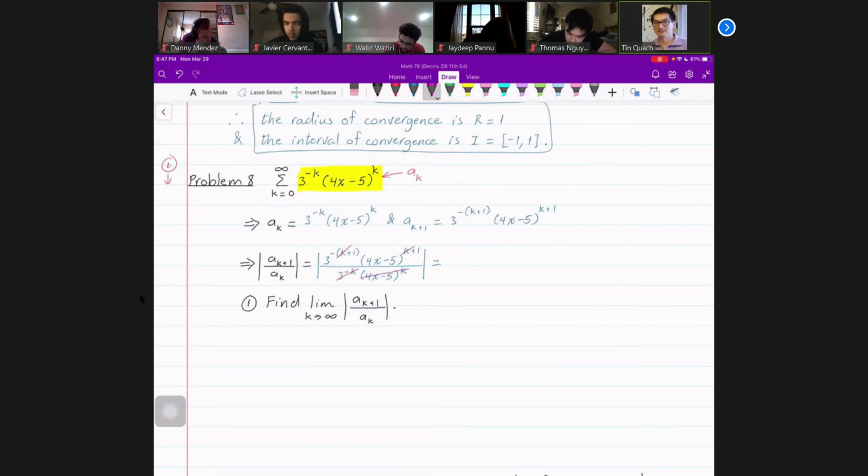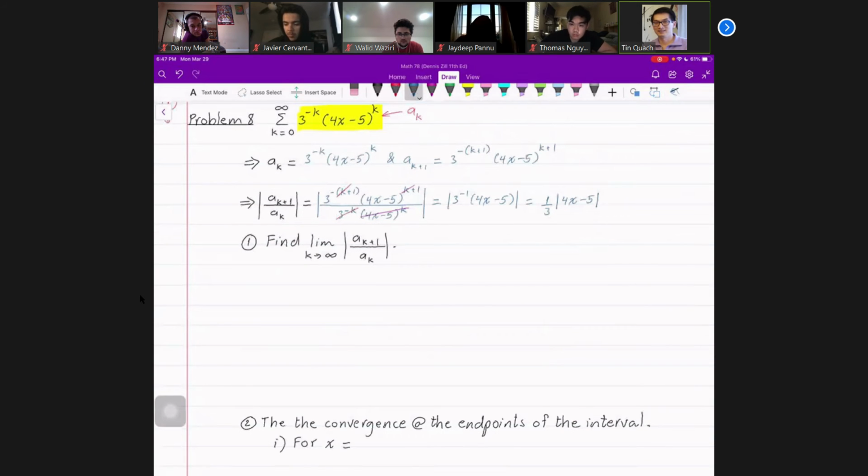So what you have left is the absolute value of 3 to the negative first power, 4x minus 5 to the first power. So 3 to the negative first power is a positive number. You can just take it outside of the absolute value. And then here you have 4x minus 5, right? So that is the ratio.